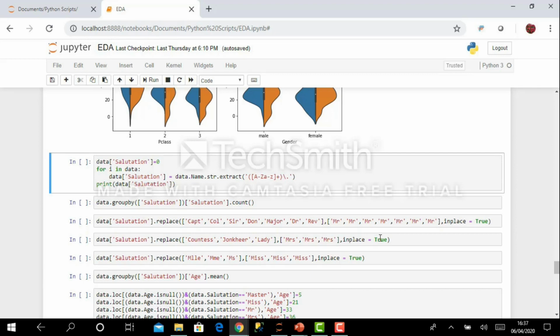Then another option for missing data is that we can have some default value, very commonly the mean of the values. So here in our case, for the age column, the mean value was, if you remember, 29 years, right? But the data range was from 0.42 to 80 years.